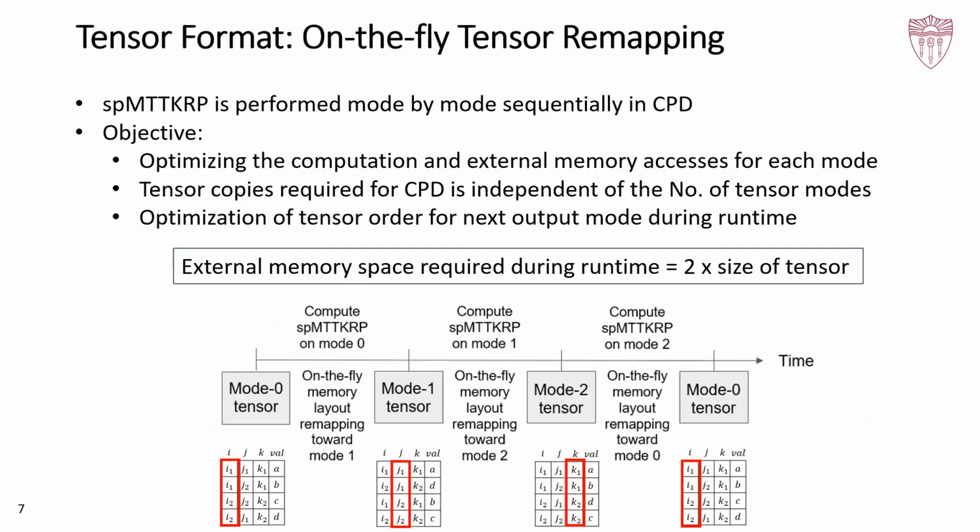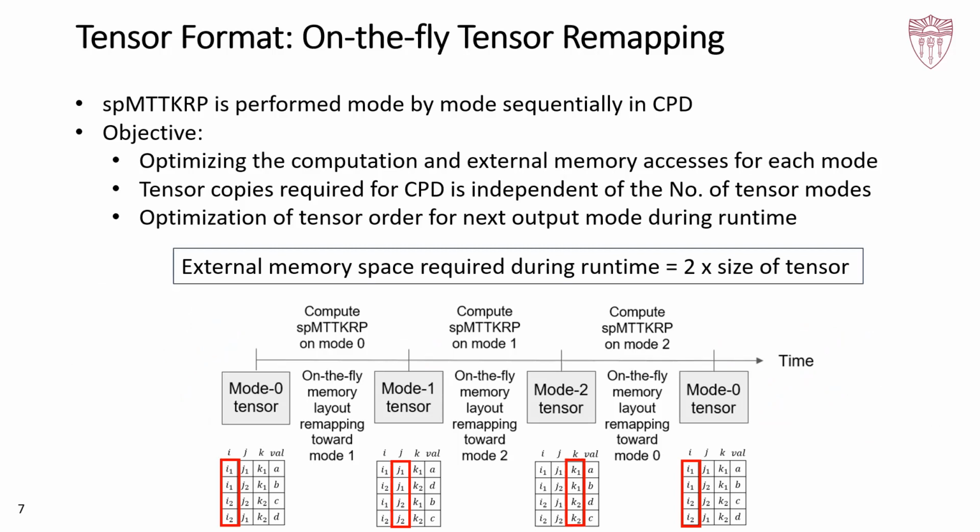So in our work, we introduced the idea of on-the-fly tensor remapping. The main challenge is to introduce optimizations along each of the modes because MTTKRP is required to be computed along each of the modes.